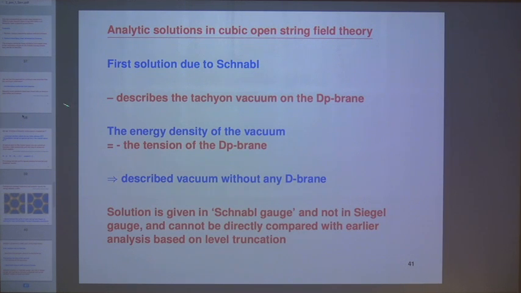And he also showed that the energy density of the vacuum is minus the tension of the Dp brane. So essentially, if you add it to the original tension of the Dp brane, you get 0 for the energy density of the vacuum, which is of course what we expect if the solution describes a configuration without a D brane.